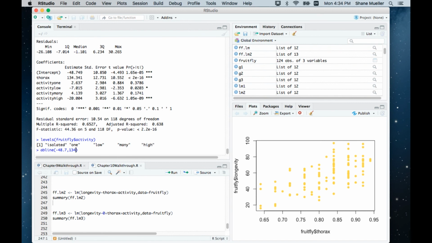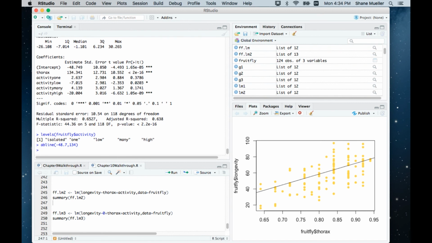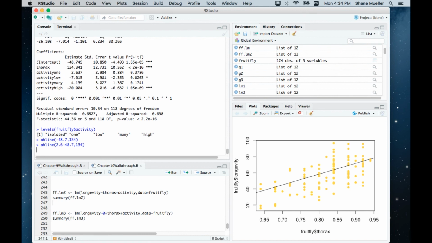That's going to be for isolated. And now every other one of these is with respect to that model. And so if you want activity level 1, you add 2.6 to the intercept. So I'm going to just do 2.6. That's activity level 1, and it raises up a little bit.